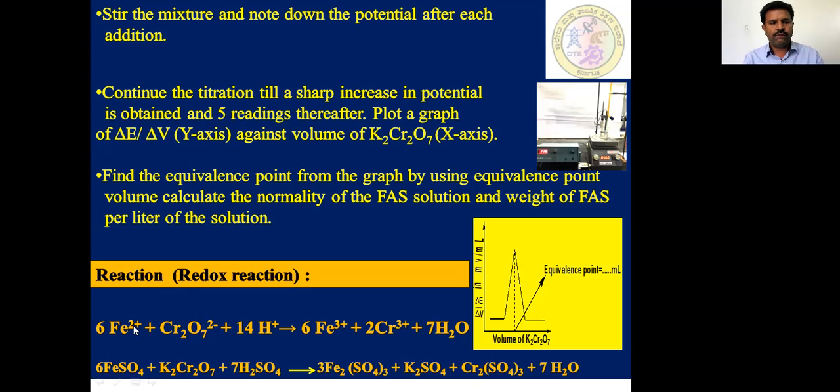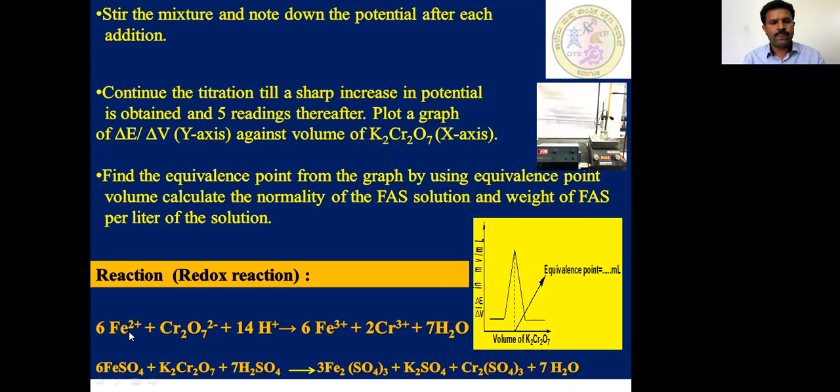So here, the ferrous ammonium sulfate solution is taken in the beaker. That is, ferrous means that it contains ferrous Fe2+ ions in the beaker, and we added sulfuric acid that will provide hydrogen ions. When we add potassium dichromate from the burette, that chromium ion, its valency is +6 here, that potassium dichromate will oxidize ferrous ions present in ferrous ammonium sulfate into ferric ions.